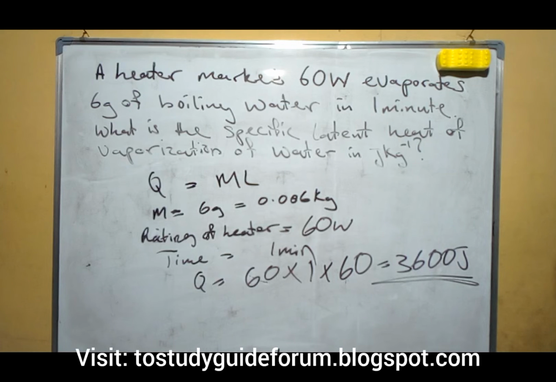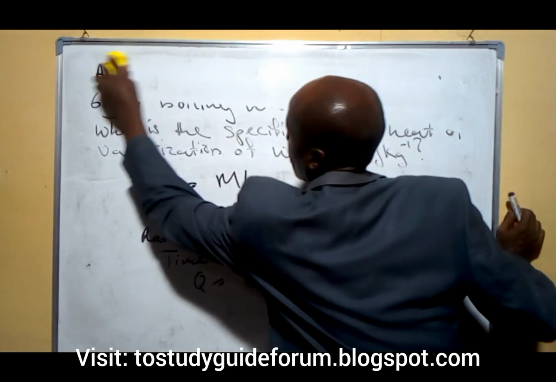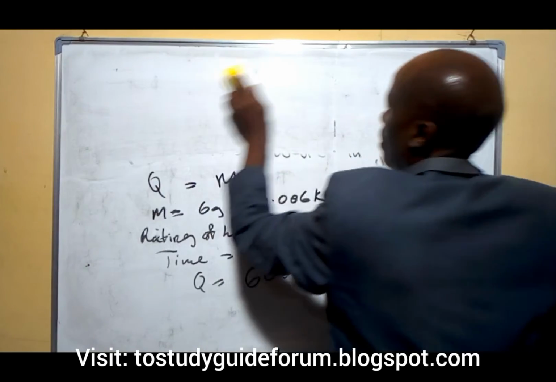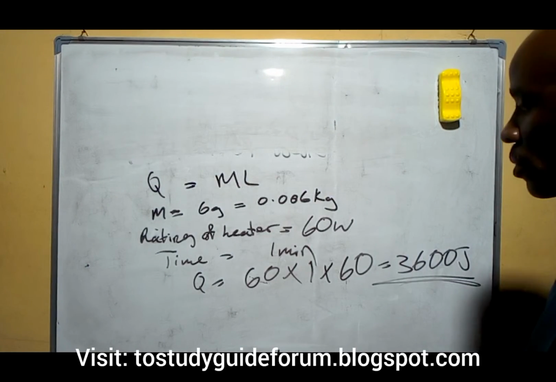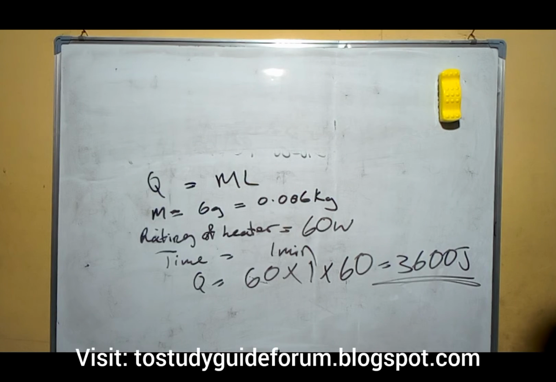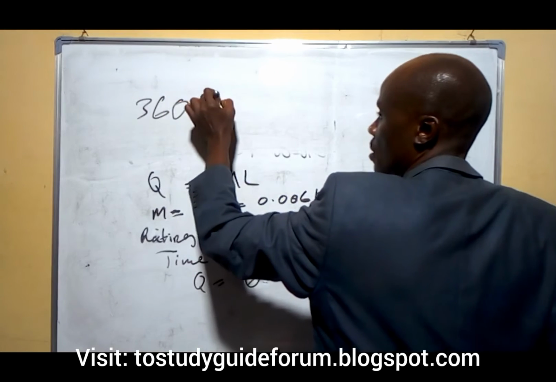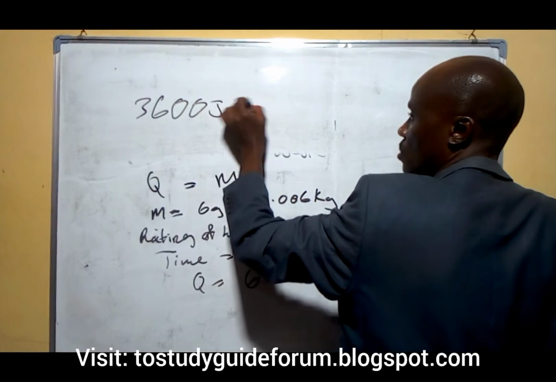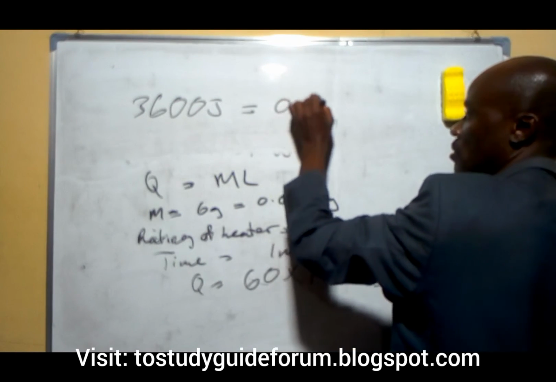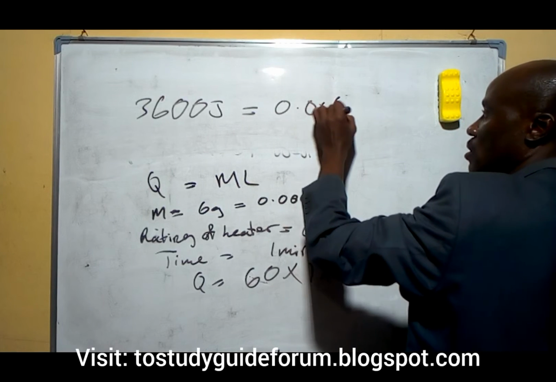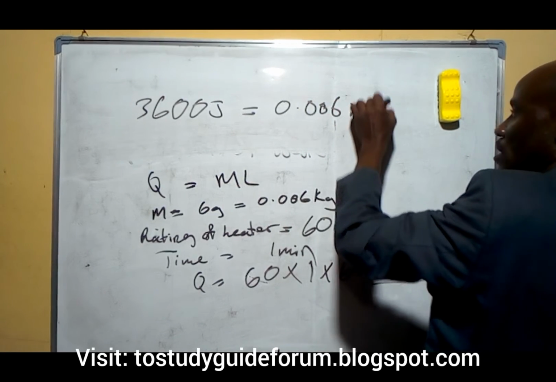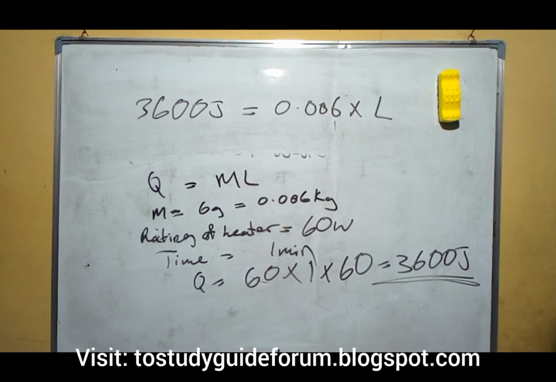Now to get the latent heat, 3,600 joules is equal to mass, 0.006, times L, which is the latent heat.